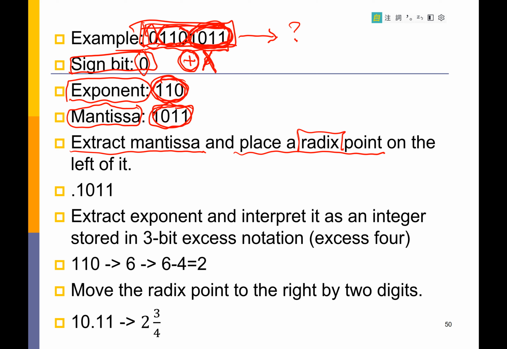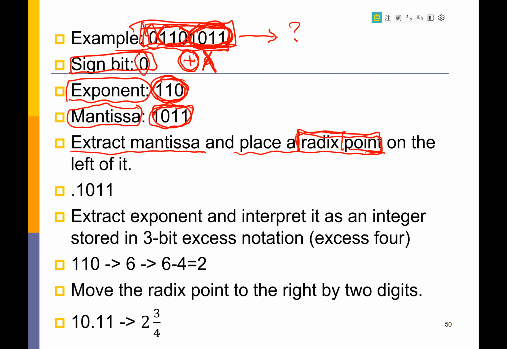Again, you remember what a radical point is? In the decimal system, we have a decimal point. In the binary system, we have a radical point. They are similar, but in different numbering systems. It separates the binary value into a whole value part and a fraction part.